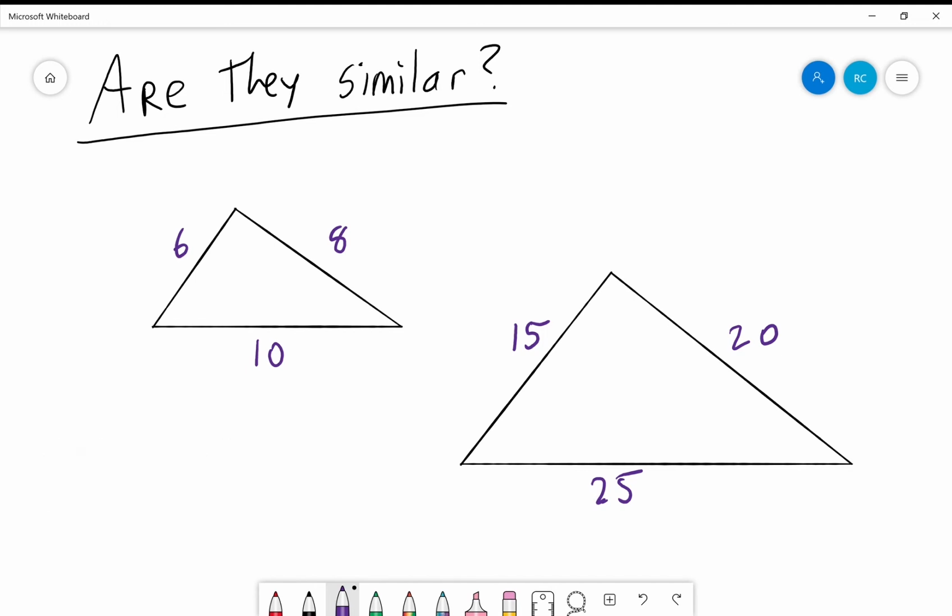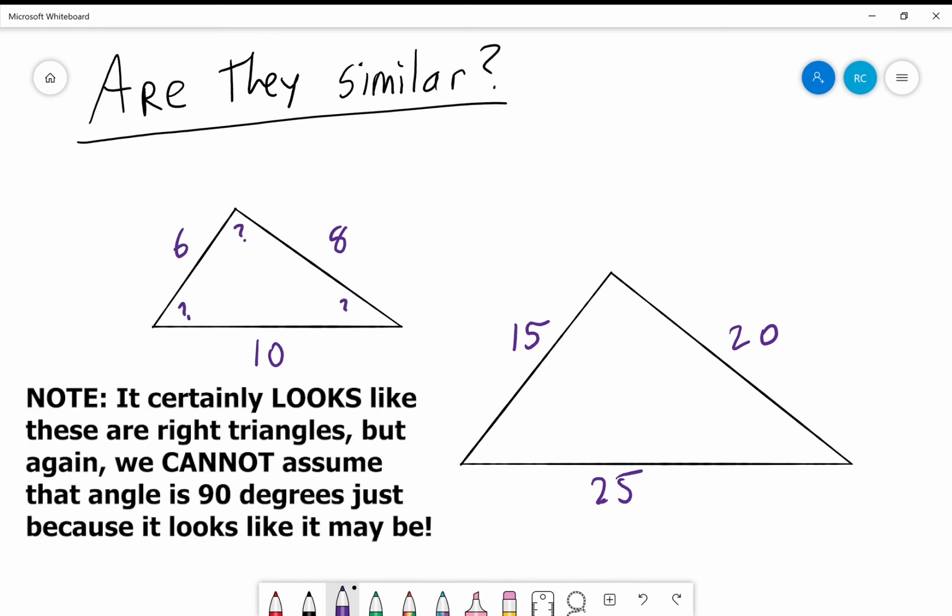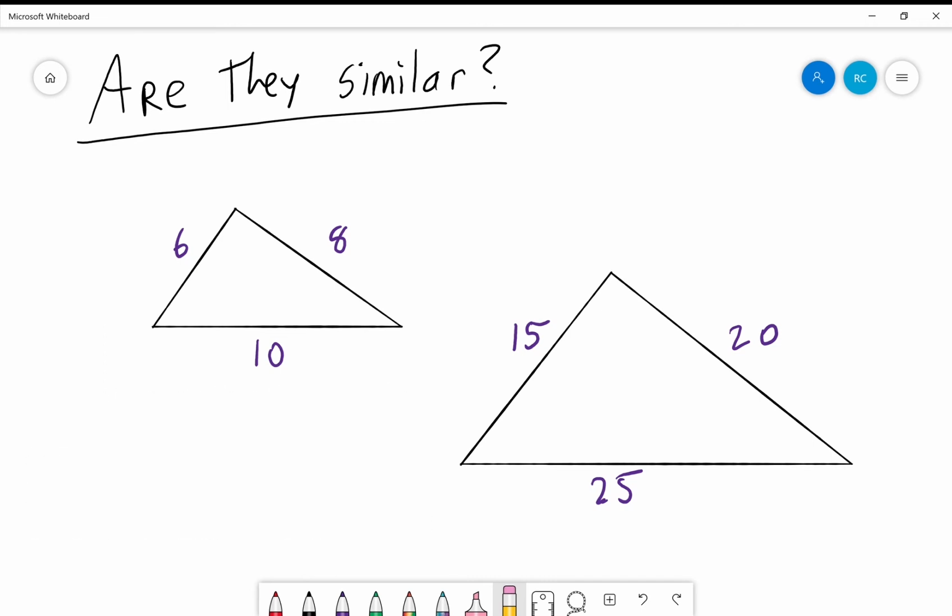So we have no information about the angles of these triangles, so there isn't really anything we can do about that. What we can do, though, is check and make sure that all of the sides have been scaled up to the same proportion.